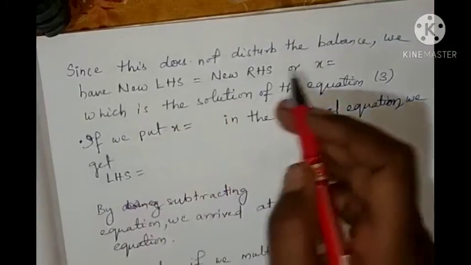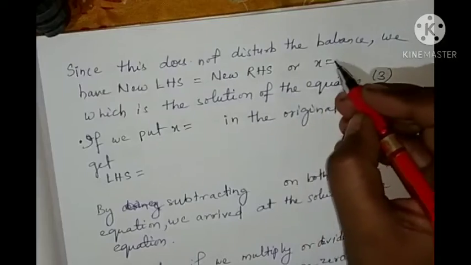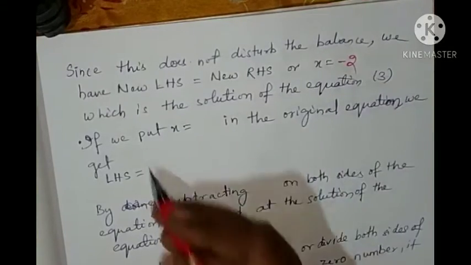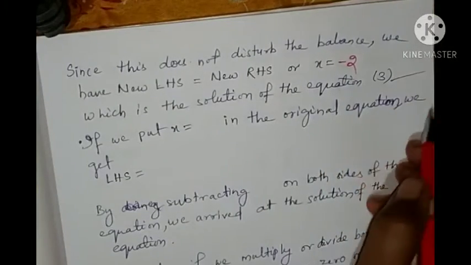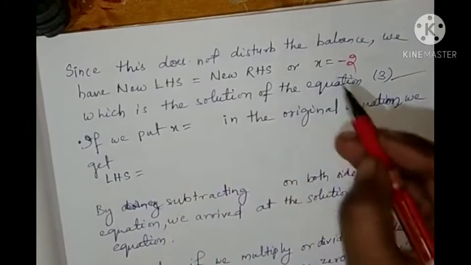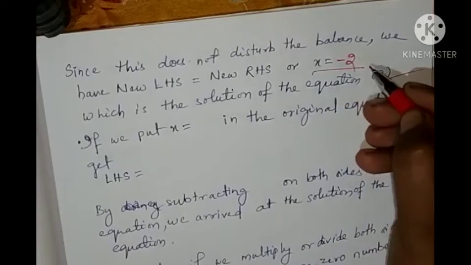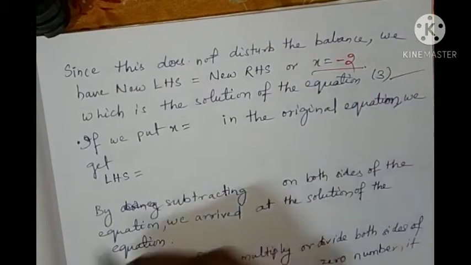Since this does not disturb the balance, we have new LHS equal to new RHS, or x equal to minus 2, which is the solution of equation 3. Now we will prove whether it is the solution of the equation or not. For this, we will put this solution in the equation.